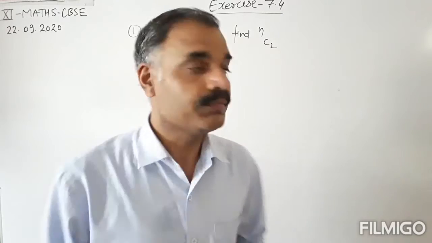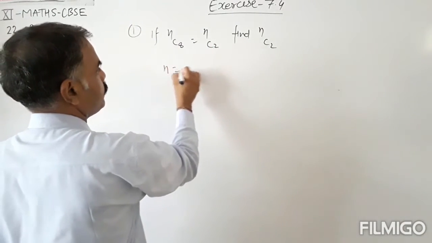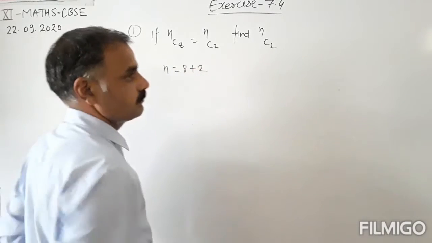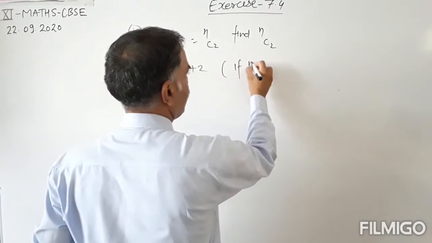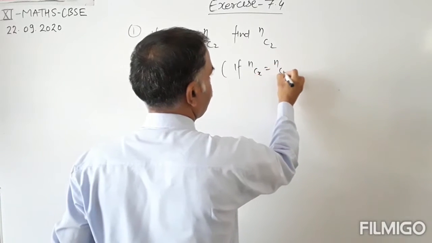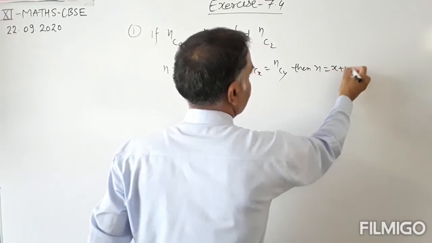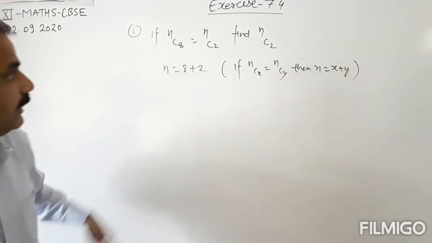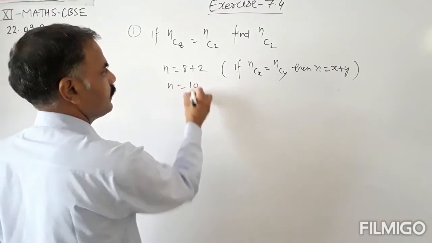So n equals 8 plus 2. We know that if nCx equals nCy, then n equals x plus y. Using this, n equals 8 plus 2, so n equals 10.